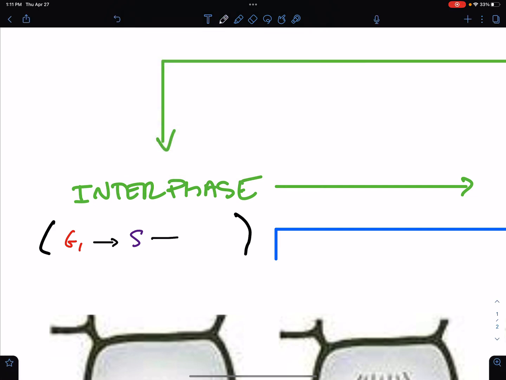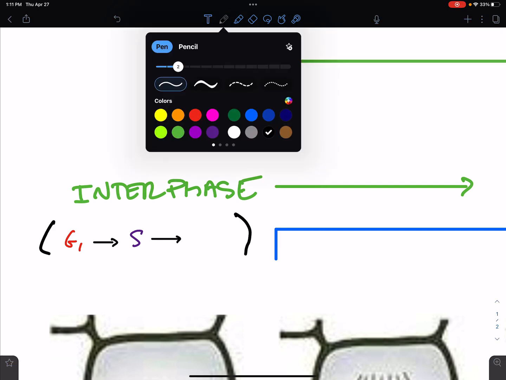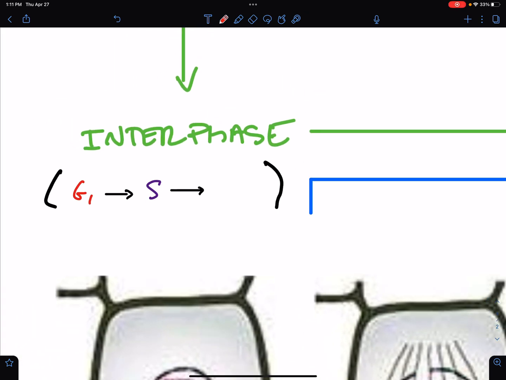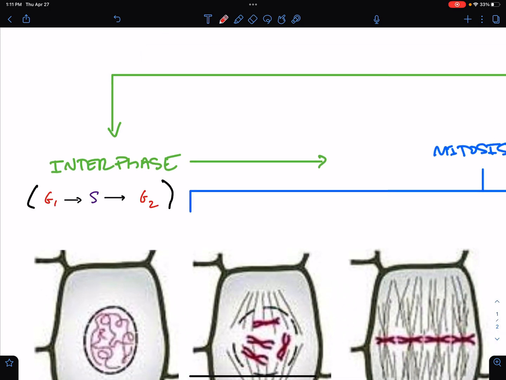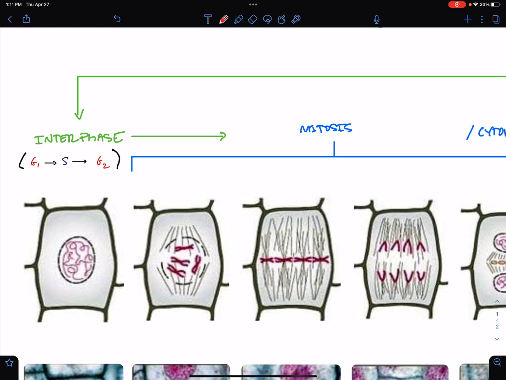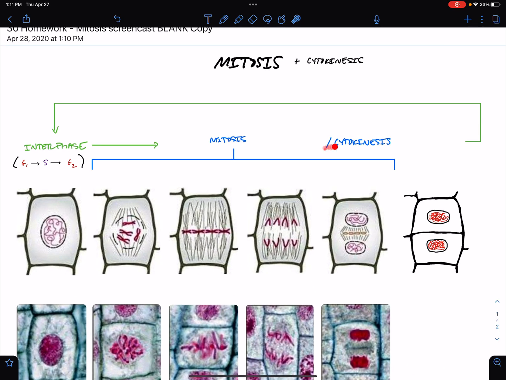What happens in the S phase is the DNA is replicated, so there are 2 copies of every piece of DNA. And then G2, where again the cell is growing and getting bigger and doing normal everyday life stuff. And then in mitosis and cytokinesis, I moved cytokinesis.